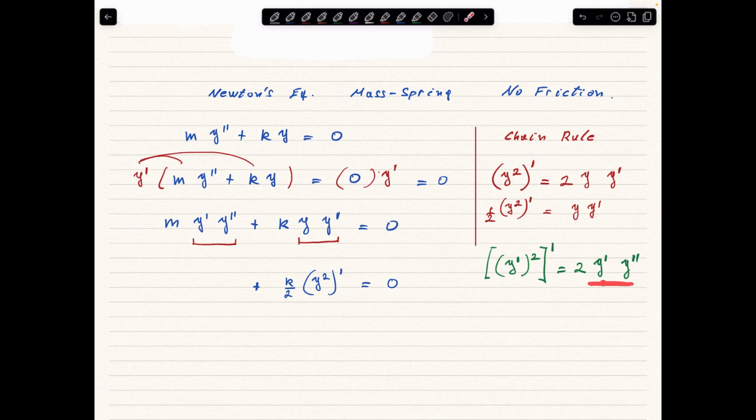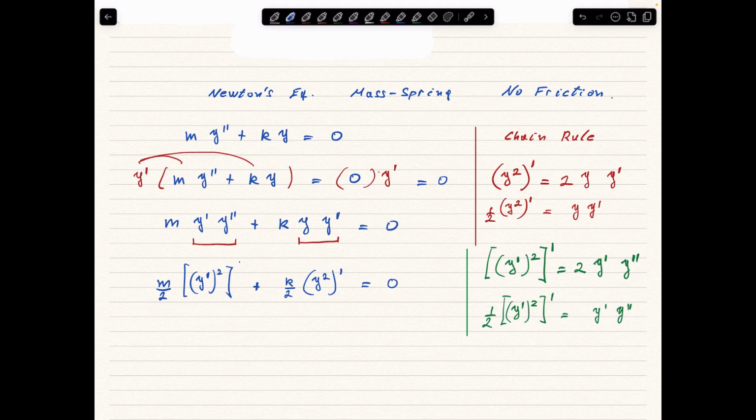Notice that what we have here is exactly what we got here. So if we divide this equation by 2, we have 1/2 y prime squared, all derivative, equal exactly y prime y double prime. Perfect. So that is the chain rule.